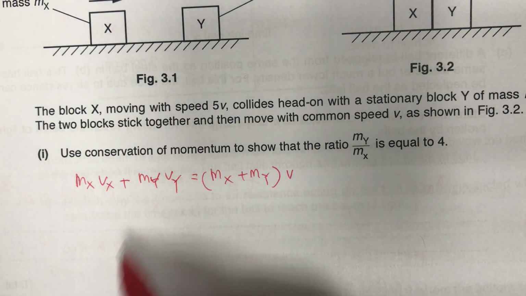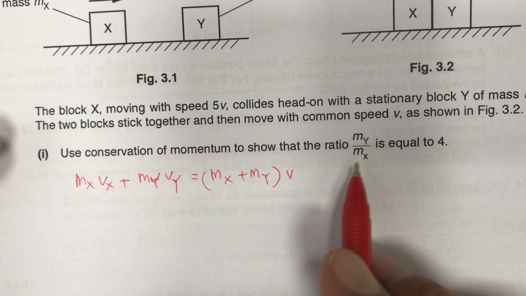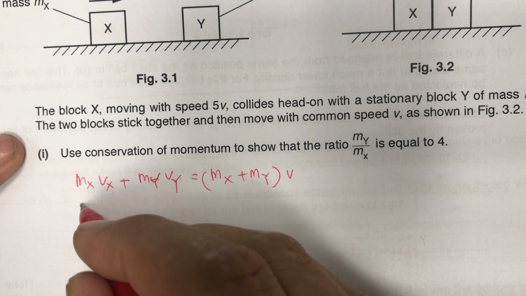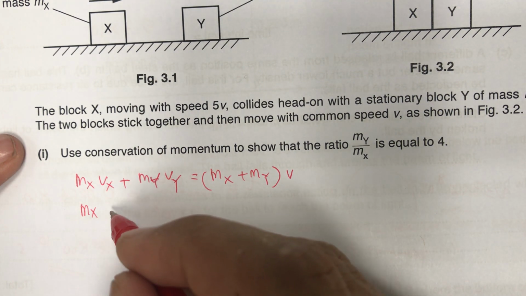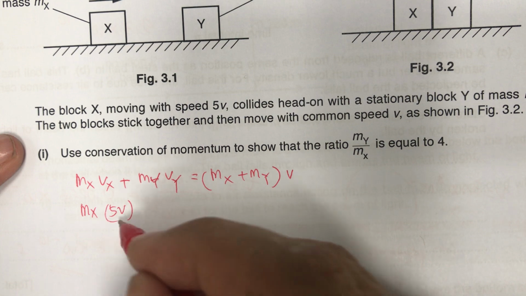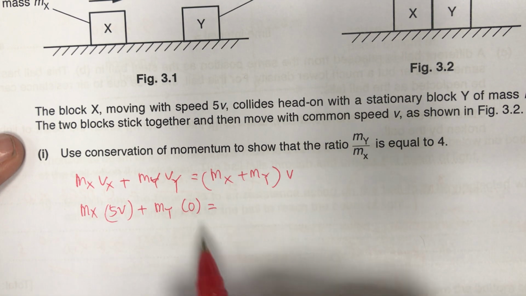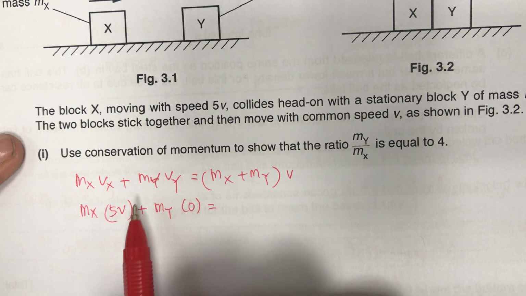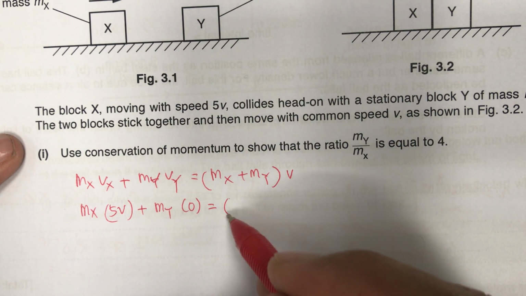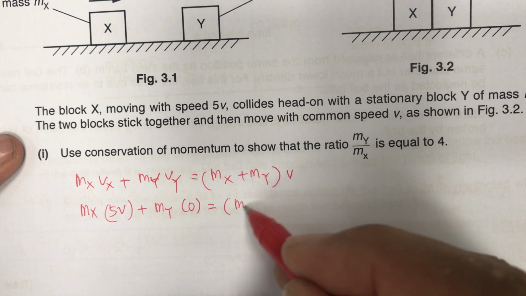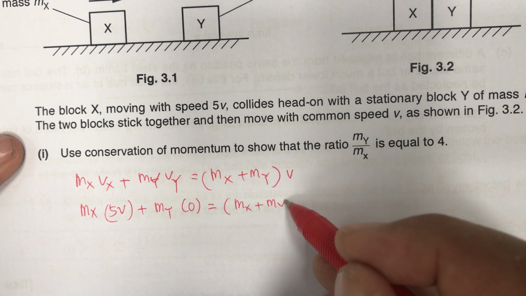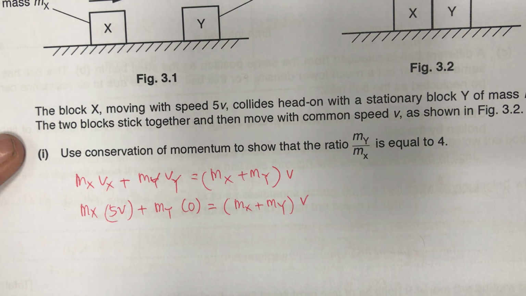We find the ratio my and mx. mx vx is 5v, and my vy is 0 because this is coming from rest. Then this is mx plus my times v.